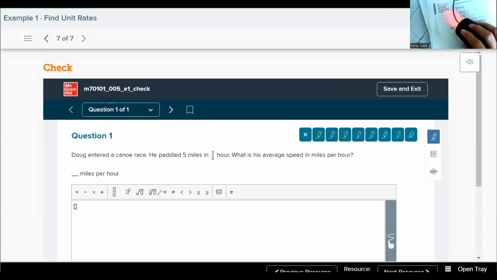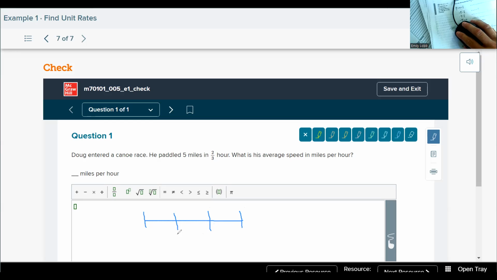So if we do what they're calling a bar diagram, we know a whole hour has how many thirds in it? 3, right? So I'm going to separate this into 3 pieces.